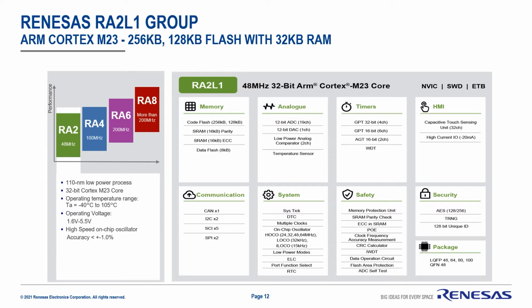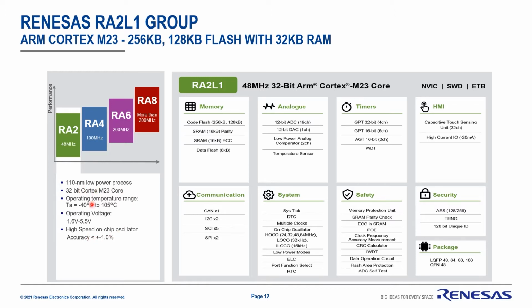Here is an example of our Array device that embeds the latest technology concerning our capacitive touch IP. This device is based on the Cortex-M23 core, 32-bit, using a 110 nanometer process dedicated to low power.